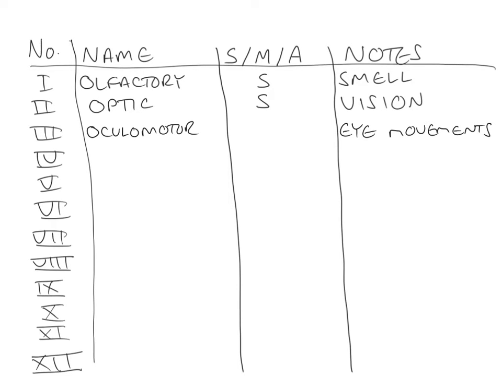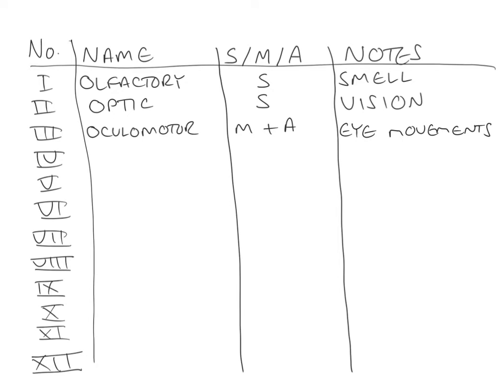But in addition to this, the oculomotor nerve contains some autonomic fibres which are important in the control of the pupillary diameter and also the shape of the lens. So not only is the oculomotor nerve a motor nerve, it is also an autonomic nerve.